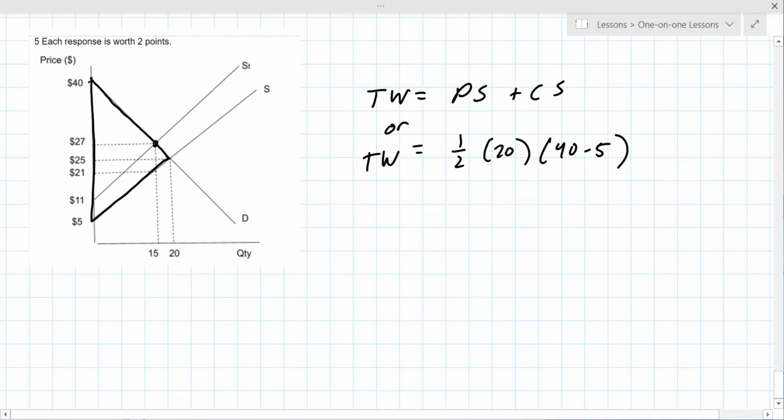That's your new price. I guess I just want to say that the tax is the amount that it went up.